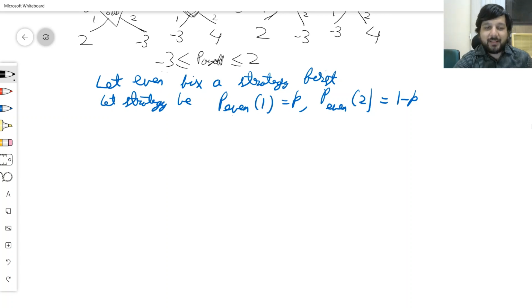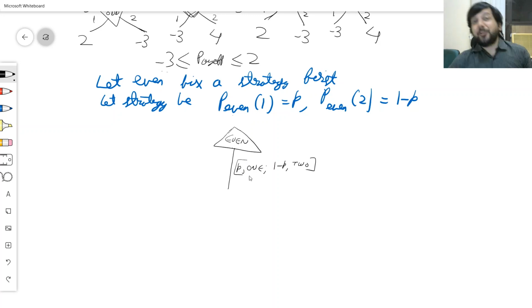Let us solve the game, and let's say that even plays first. So I have even here, and I don't know which exact action has been played, a 1 or a 2, because it's coming from a random draw. That's how I represent it: with a probability P the action will be 1, and with a probability 1 minus P the action will be 2.